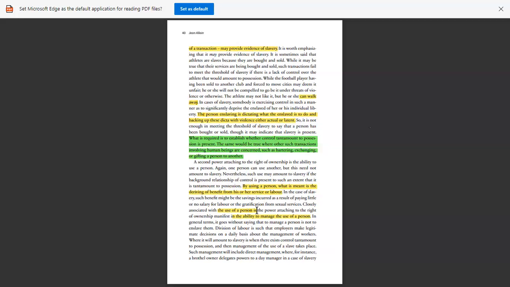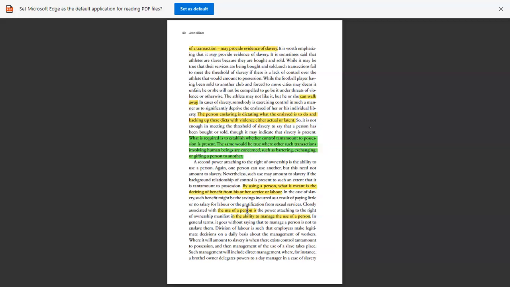So the use of a person is the ability to manage the use of a person. So again, if we look at transactions and exchanges where one person or human being is being exchanged to another with the ability to manage the use of a person or use the person in and of themselves.